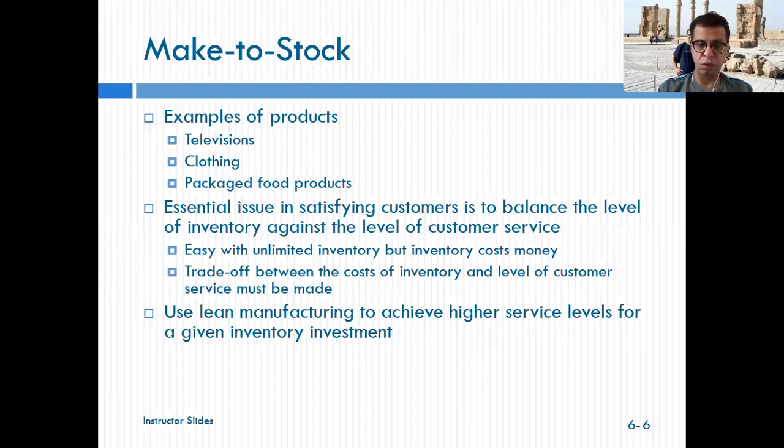So you have to make a trade-off between inventory cost and the level of customer service and satisfaction. Usually you use lean manufacturing to achieve a higher service level for a given inventory investment. So you want to make sure you bring things just in time, you produce things on time, and you supply them on time to the customers.